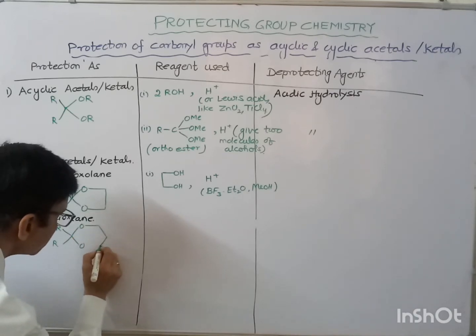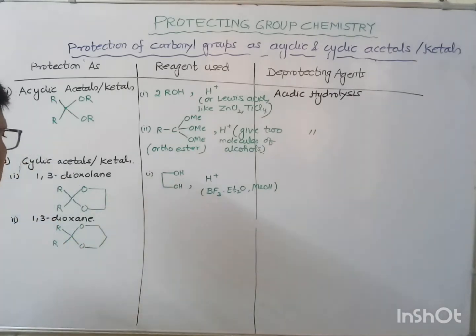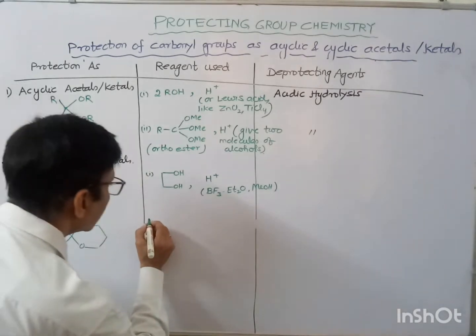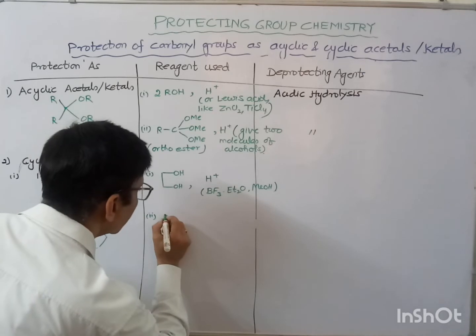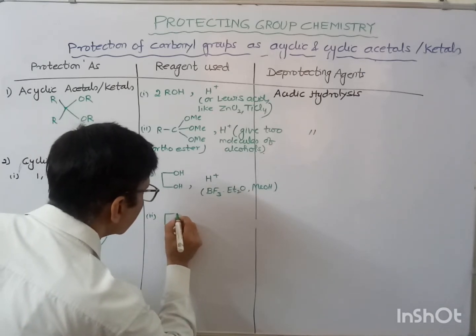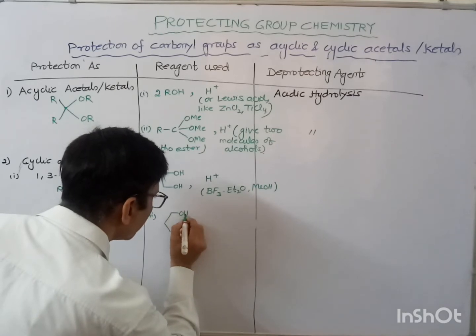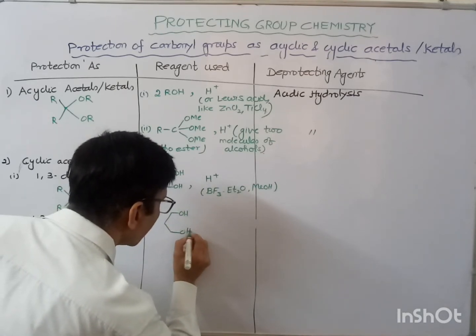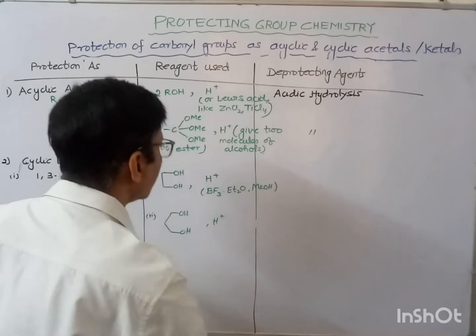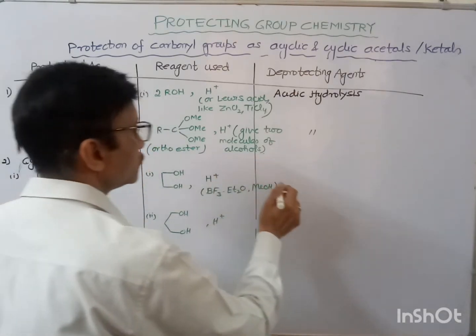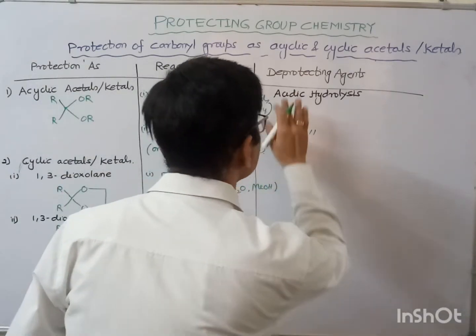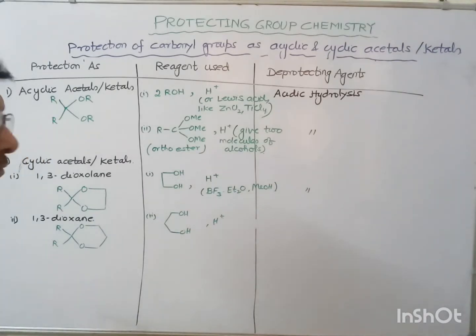This is our 6-membered ring, meaning the carbonyl compound can be converted into 1,3-dioxane. So how can we convert it? By using a triol, with an acid catalyst. Here we can use acid hydrolysis for the deprotection.